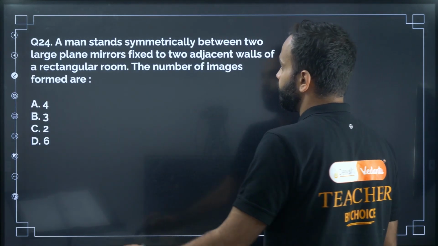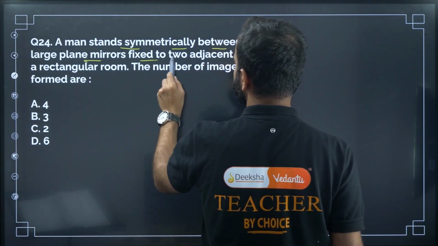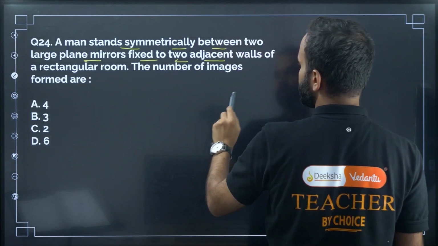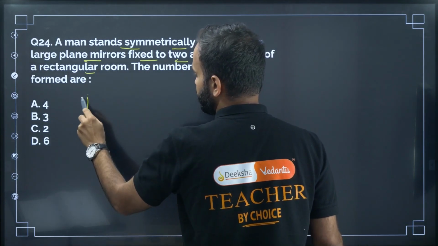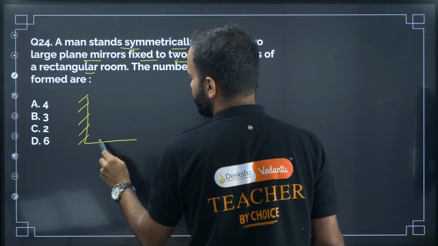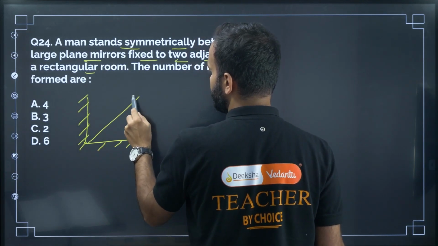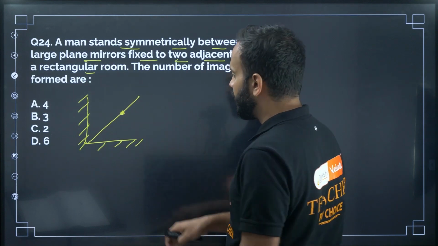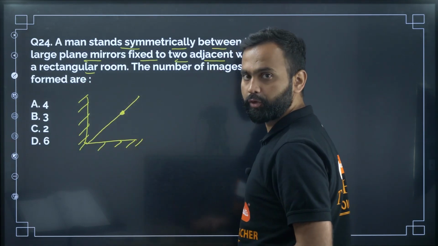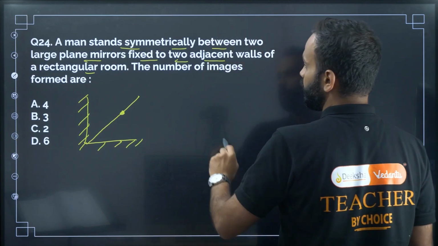Question number 24. A man stands symmetrically between two large plane mirrors fixed to two adjacent walls of a rectangular room, like this. The angle between the two plane mirrors is 90 degree. He stands symmetrically, that is, the angle between this line and the first plane mirror is 45 degree and the second one will also be 45 degree, right?